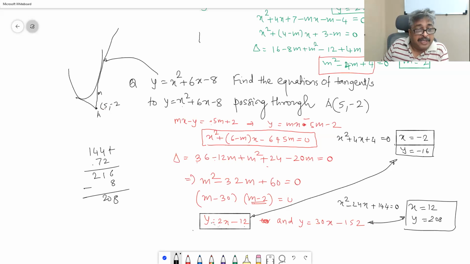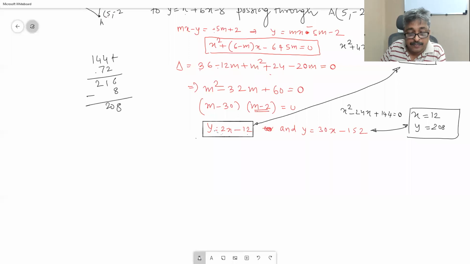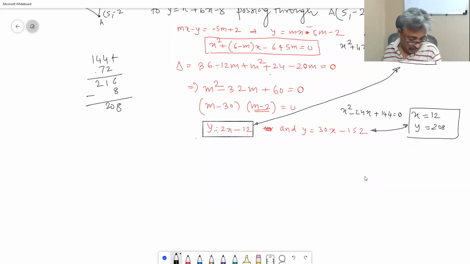This is very interesting. Next question. Now I have explained the procedure also. Therefore, each one of you should get the answer. The parabola is y is equal to x square plus 2x, and the point outside is (1, -1).